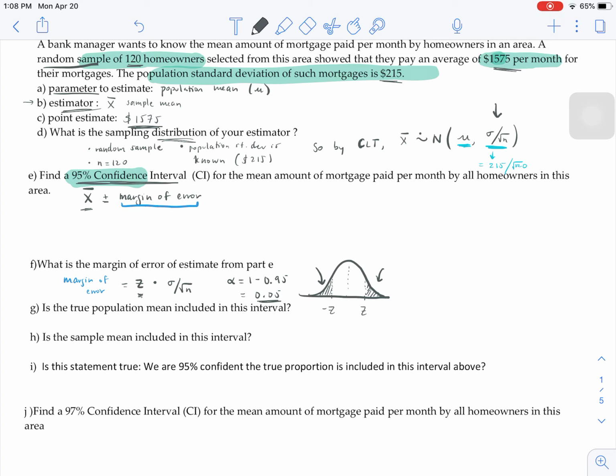Remember that the normal distribution is symmetric. So that tells us that if the total area in the tails is 0.05, the area in each tail is half of that. So that's half of 5%, which is 2.5%.